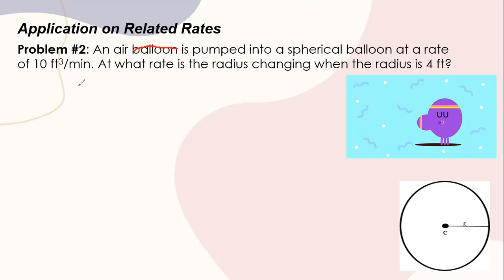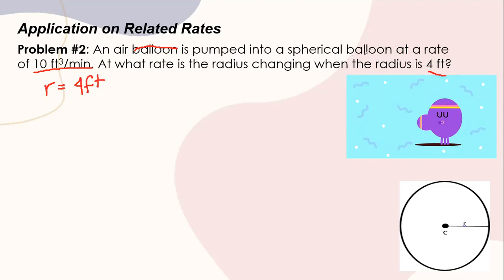At what rate is the radius changing when the radius is 4 feet? All right, so we have the equation daw ng ating, okay, so ang given natin, analyze muna natin. We have the radius 4 feet.